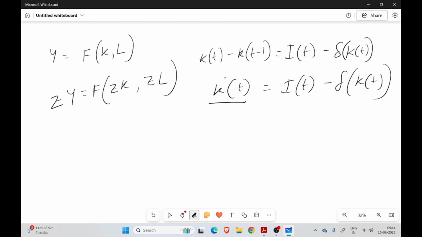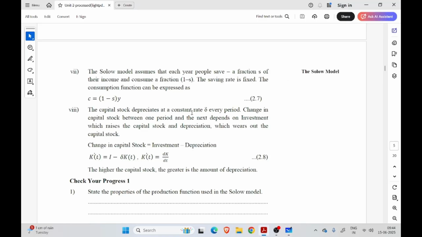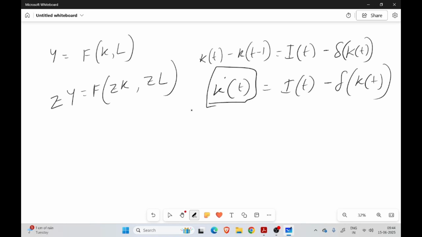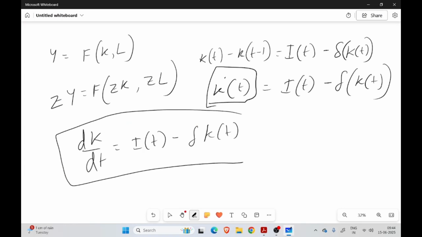They represent this by K dot t, and this will be the change in capital stock. The higher the capital stock, the higher is the amount of depreciation. In infinitesimal terms, it becomes dK/dt is equal to I_t minus delta K_t. So this equation will be important later.